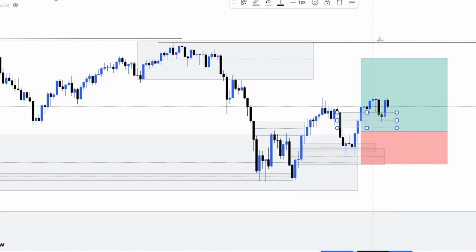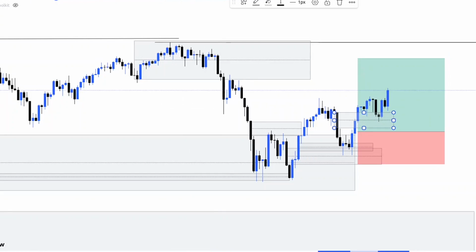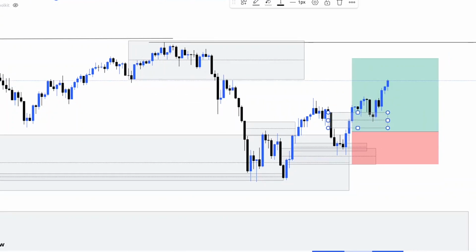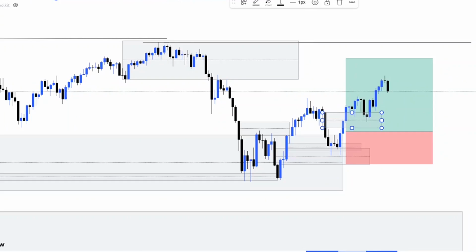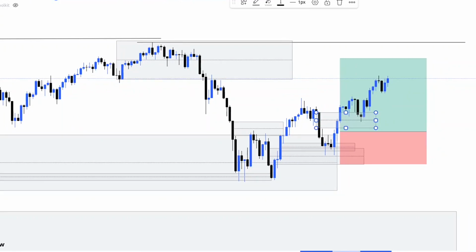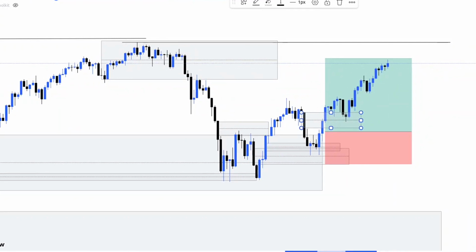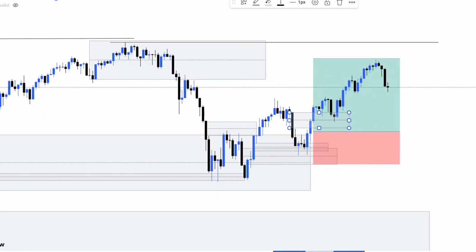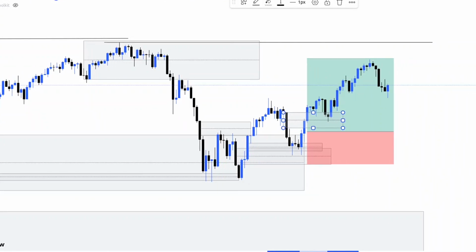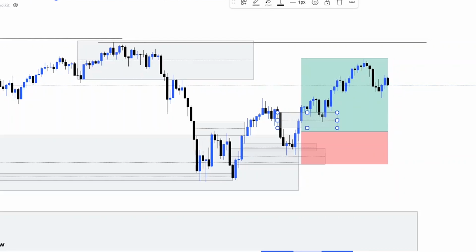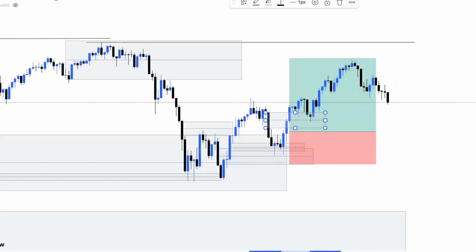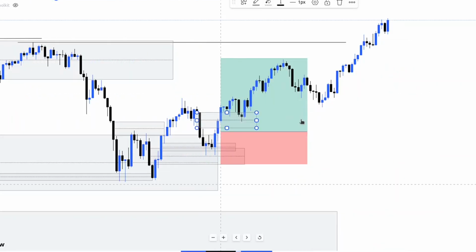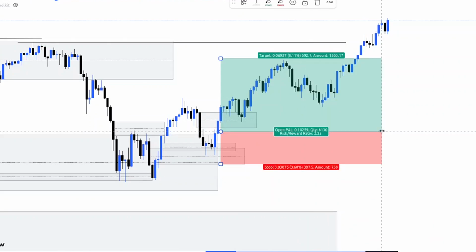Remember, our draw on liquidity is here. As you can see here, price goes on to this draw on liquidity.